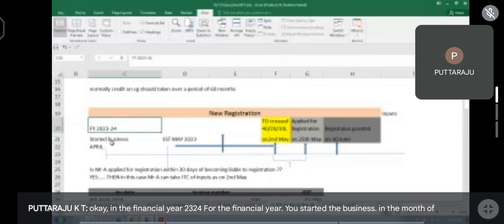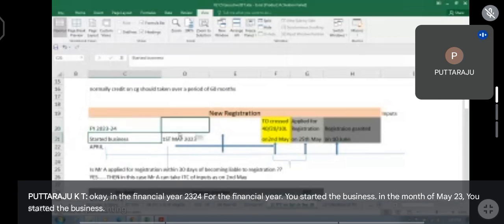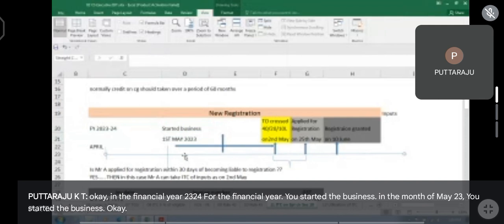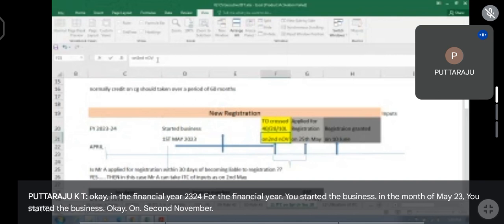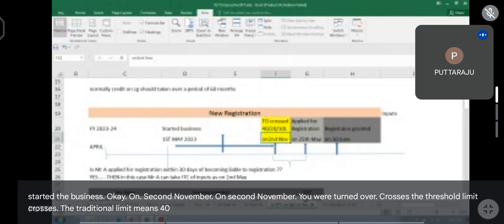May 23, you started the business. On 2nd November, your turnover crosses the threshold limit. Crosses the threshold limit means 40 lakhs or 20 lakhs. I am talking only with respect to Karnataka.